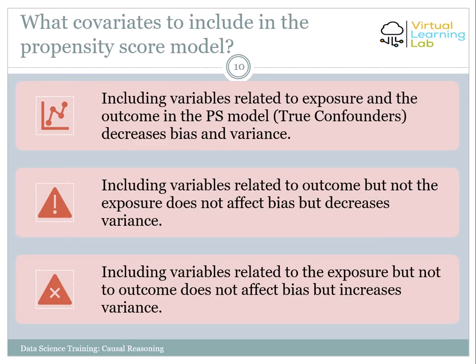What you don't want to include are variables that are just related to treatment assignment but not the outcome, because including them will increase variance or reduce power. So the main message is include true confounders and predictors of the outcome, but not predictors only of treatment assignment.